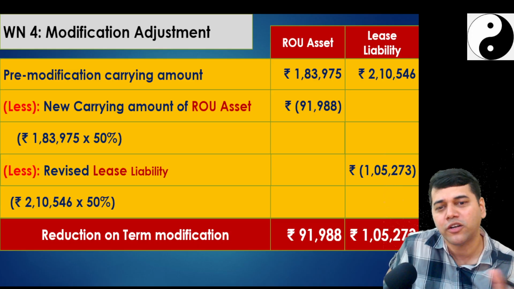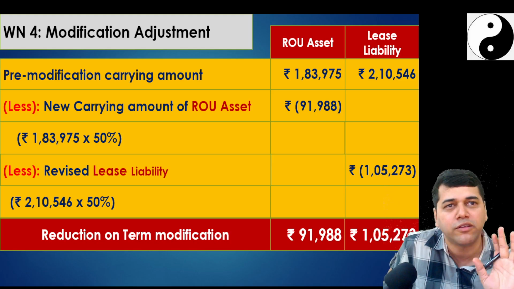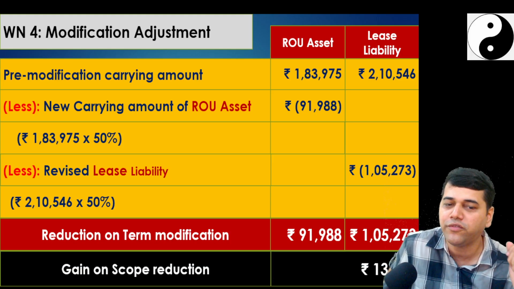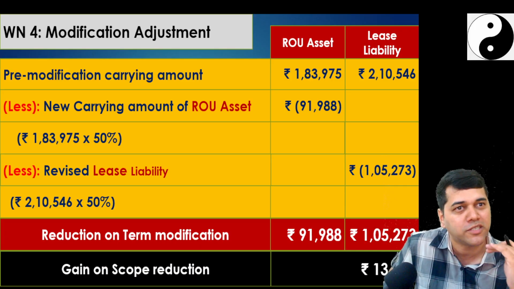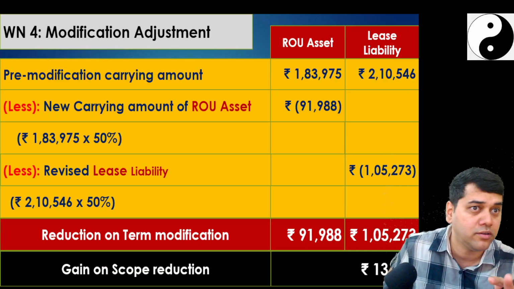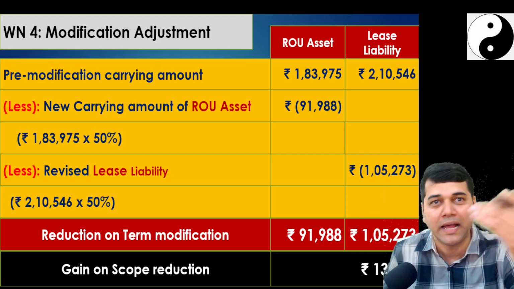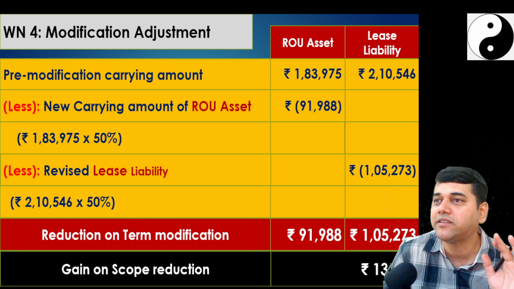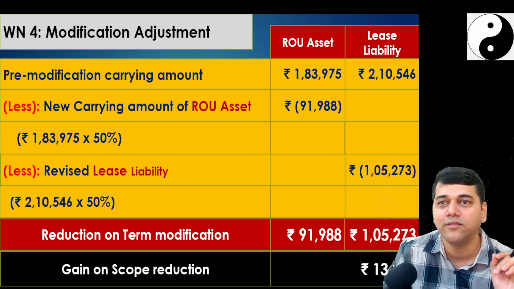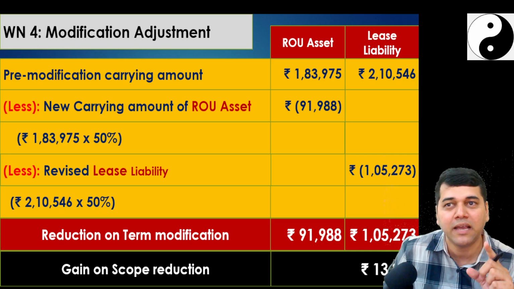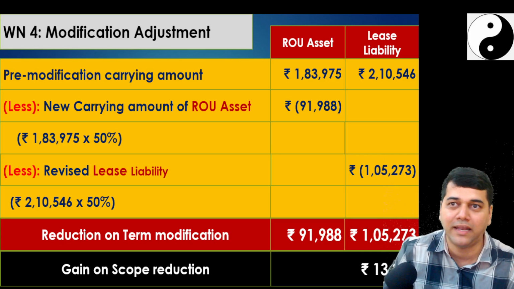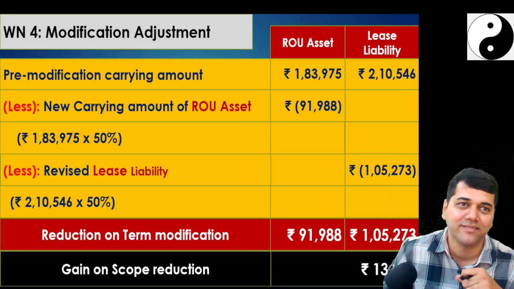Bank is telling me, don't repay me 1,05,000, pay me 91,000 only, finish. So your gain on modification is 13,285. This is called commercial common sense. If you don't have commercial common sense, no problem, Baba. I don't expect that. You develop it as and when you proceed. What I said, look at the journal entry. What is my journal entry? Debit liability, credit asset. So the balancing figure should be a gain only, no?